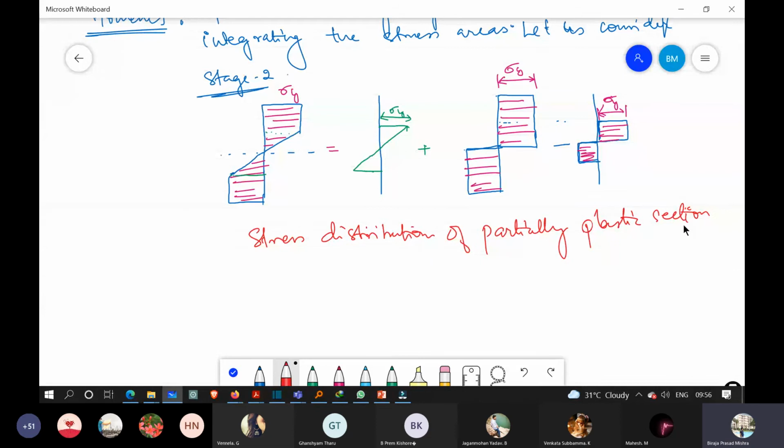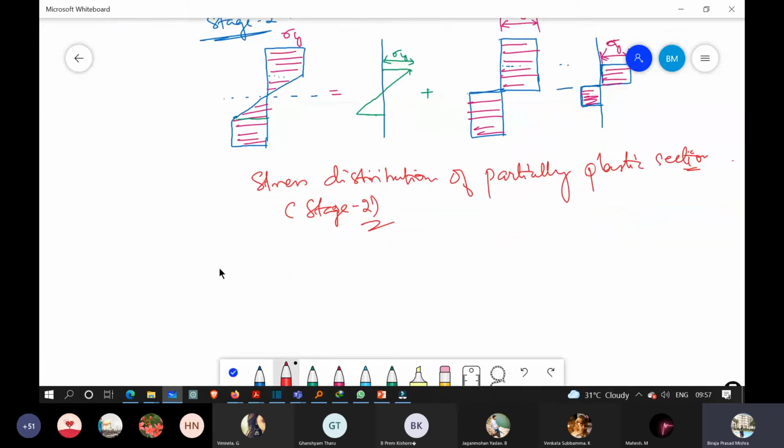Stage 2. Now for this section, if I consider the moment, the equation of moment will be M equals sigma y into S0 plus sigma y into Z minus sigma y into Z0.